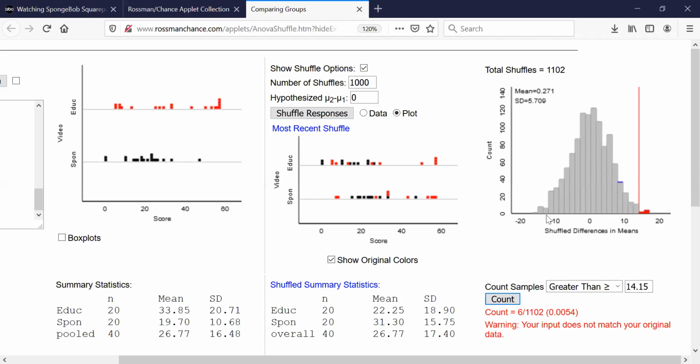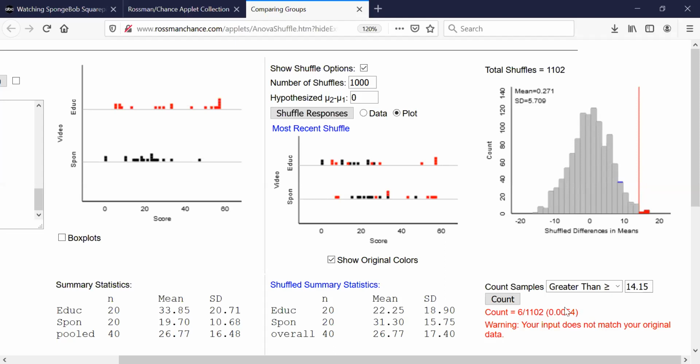And from our 1,102 trials, 6 of those, just due to random chance, were that big of a difference. And you'll notice that probability, 6 out of 1,102, is about 0.0054. And that is very, very close to our p-value of 0.0056.